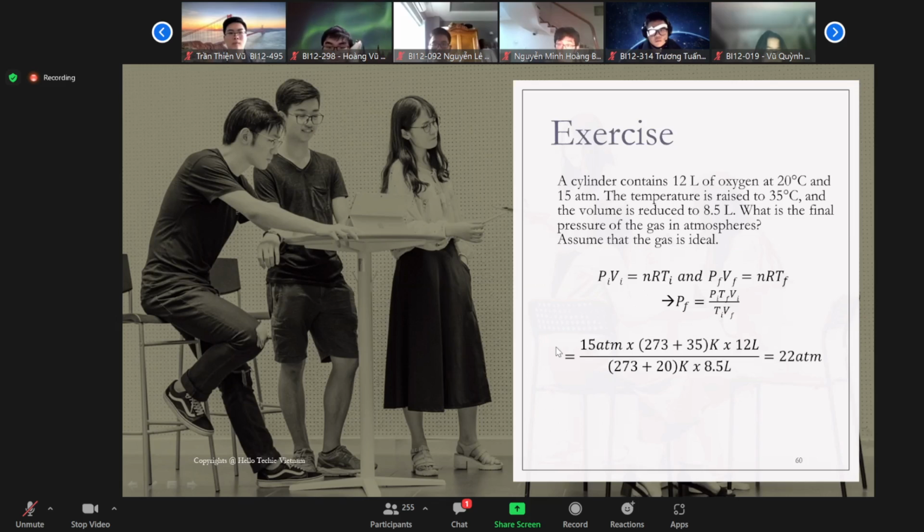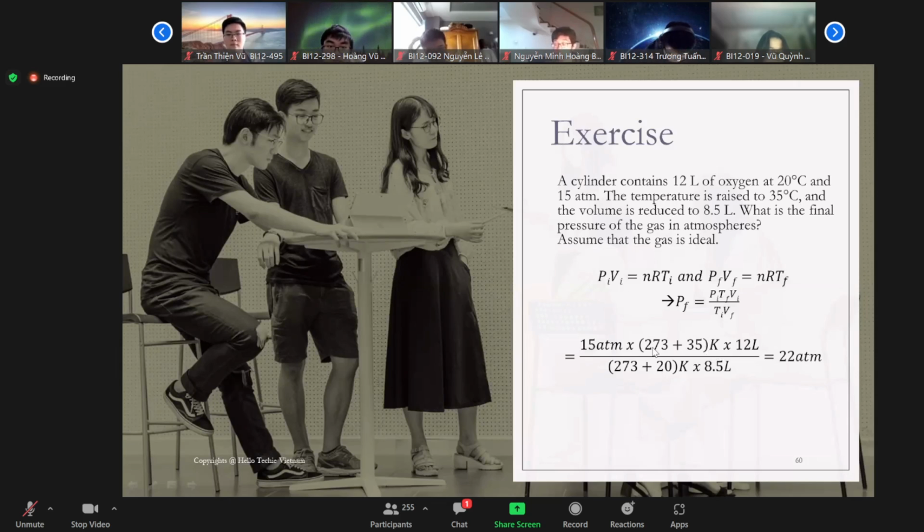If you leave the pressure in atmospheres, then you find the result in atmospheres. But the temperature, you should convert to kelvins. Like I said, a lot of people make mistakes here when they do not convert to kelvins, and the calculation will be very wrong.